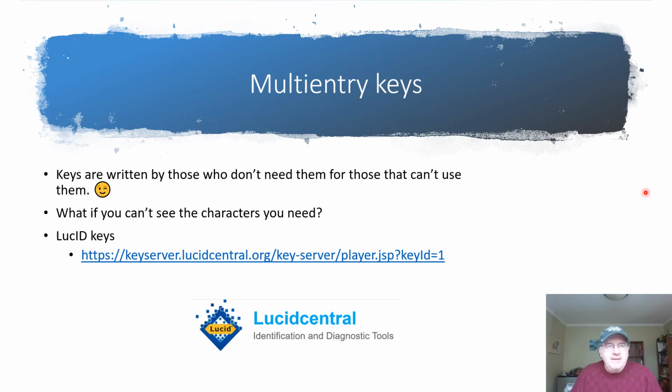And basically, they were developing the software to construct what are called multi-entry keys. And I'll always remember that one of the things that David pointed out as seemingly a truism is that keys, dichotomous keys of the day, are written by people who don't need them for those who can't use them. That is, keys are written by these experts who know the group inside out.